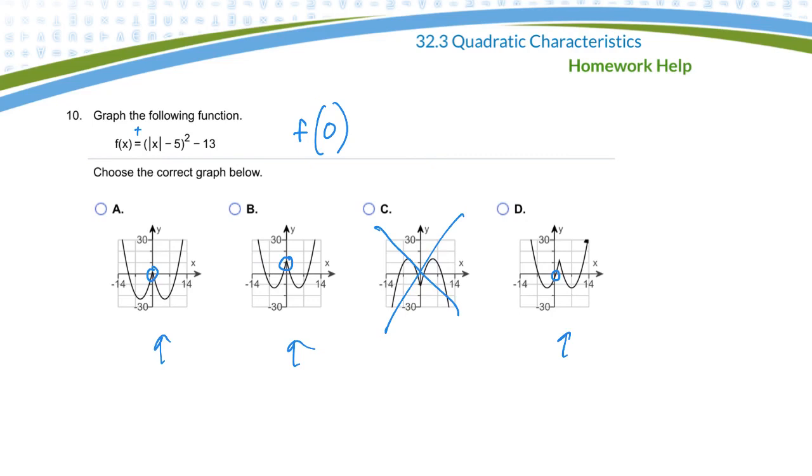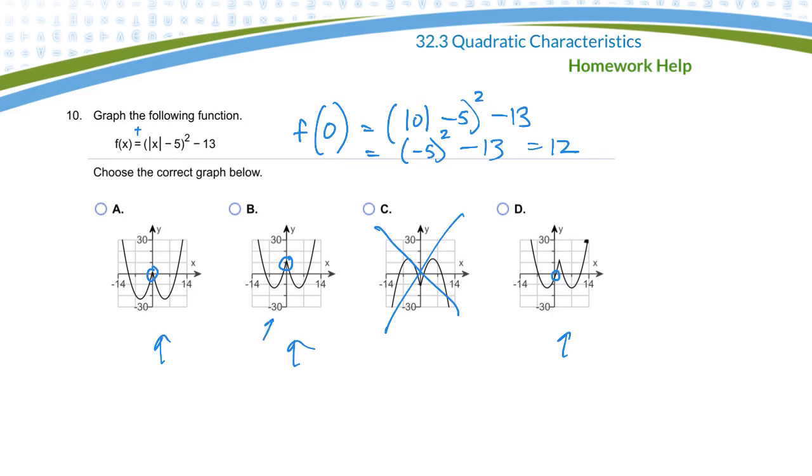Well, let's try it. So absolute value of 0, minus 5, squared, minus 13. So 0 minus 5 is negative 5. Negative 5 squared is 25, minus 13 is 12. So the y-intercept should be about 12.